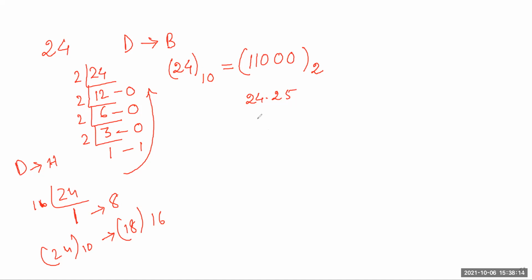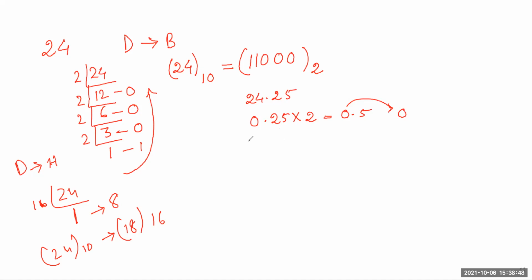Suppose here it is 0.25. You will multiply by 2 until you get 0. So 0.25 multiplied by 2 is 0.5, and the left part here is 0.